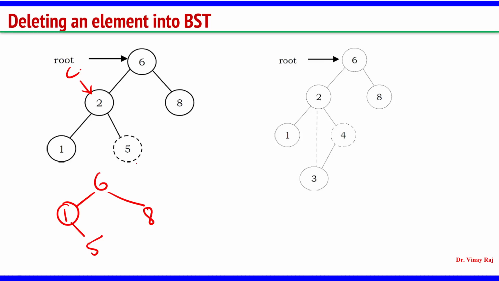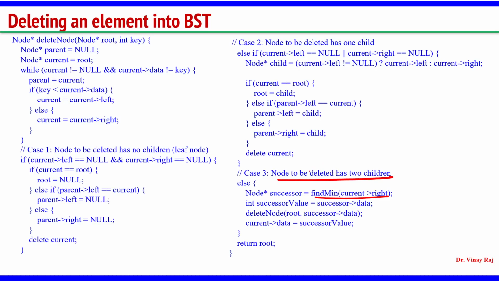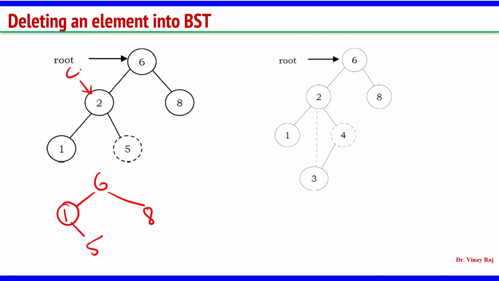So what we are trying to do here, see this logic: I am trying to find the successor, how? Find minimum of current right. How am I reaching the current? Current is the element which I want to delete. So we are reaching the number 2 as the current.